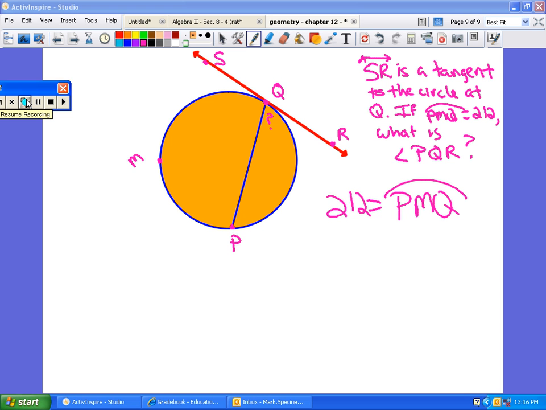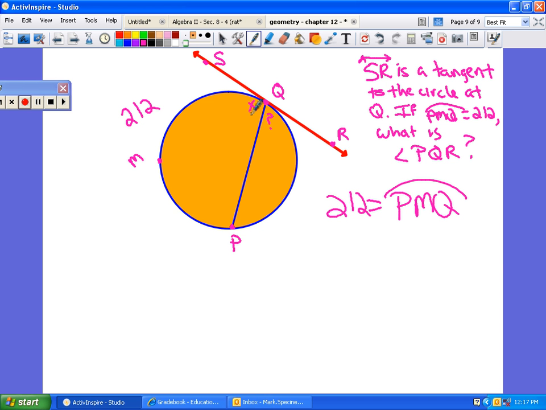All right, let's go over how we go about solving this. All right, so what do we know? We know that this arc here, arc PMQ, is 212. So what does that tell us about, let's call this x? What do we know about x?